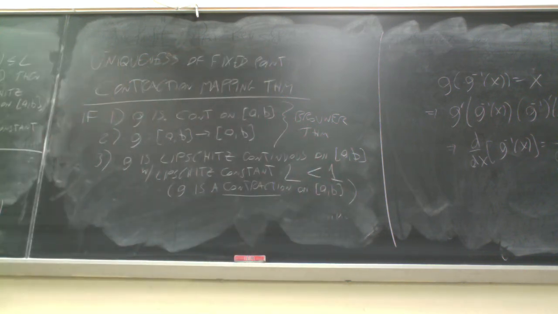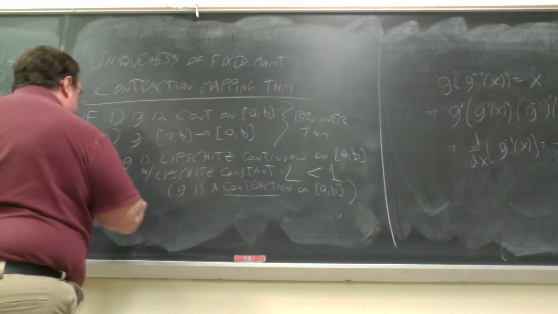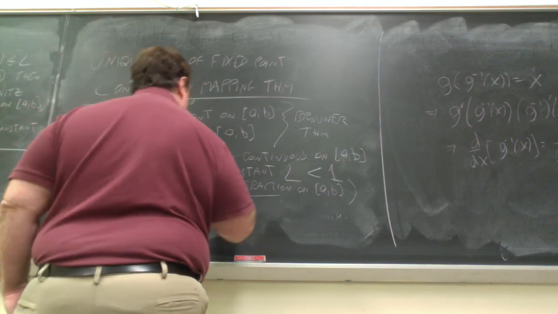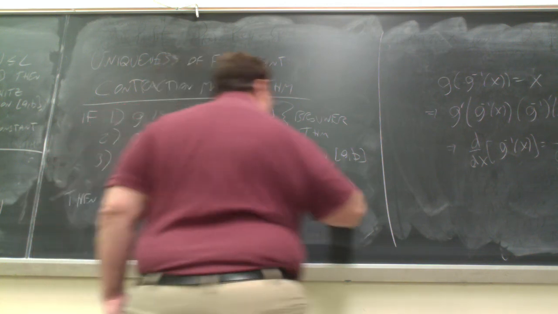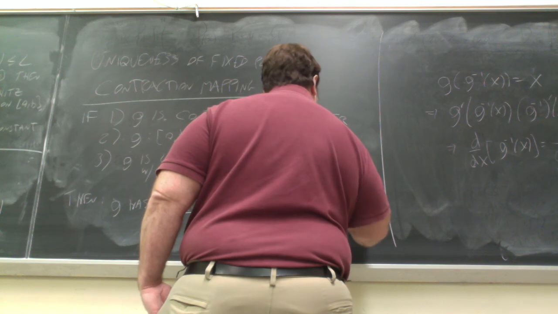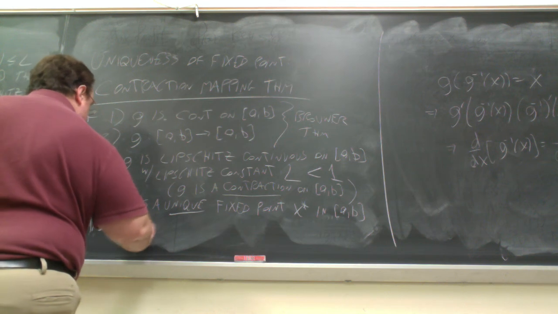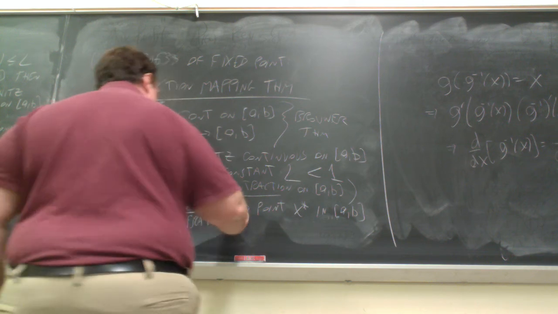So G is a contraction on [a, b]. So if those conditions are satisfied, then the conclusions are: G has a unique fixed point, x star, that's in the interval [a, b], and fixed point iteration is guaranteed to converge.